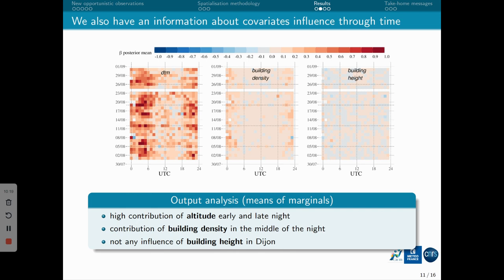There is also a large influence of building density, but not much of building height. And that's because there is not a large variation in building height in Dijon. But we can see which parameter is the most important.